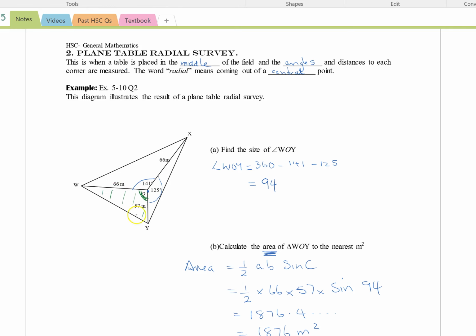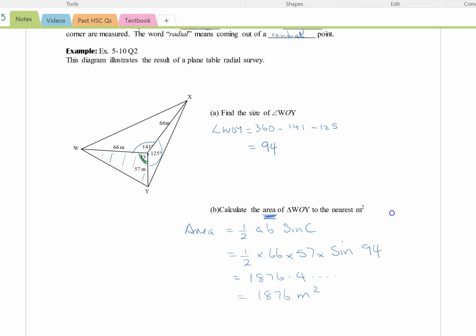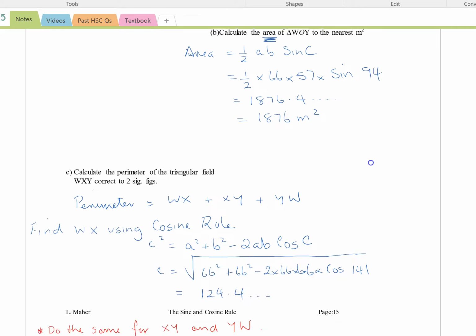And we've got the length of two sides, and now we've got the size of the angle between them. So we use our formula half ab sine C, and the two sides are 66 and 57, and sine of the angle we've just found, and you get 1876.4, and you're asked to the nearest square metre, so you can round that off.